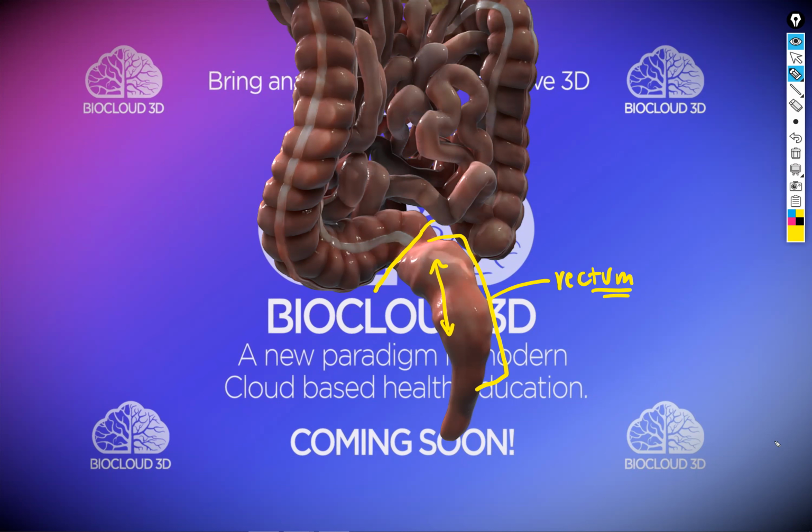So this is the last place that feces goes before it's expelled out of the body via the anal canal. So let's turn this a little bit.